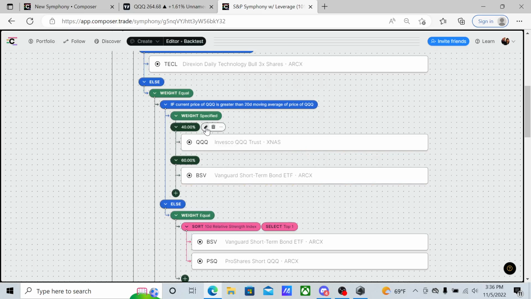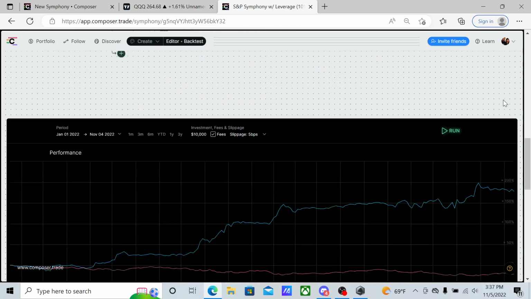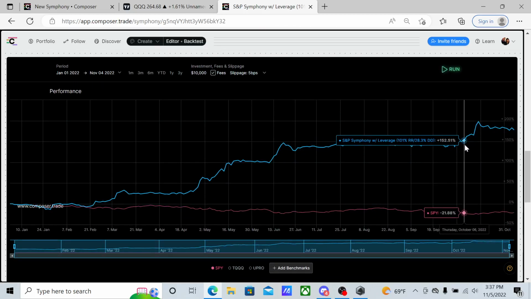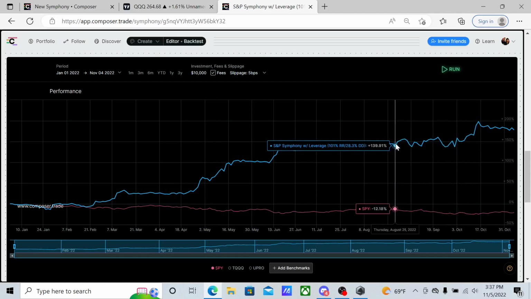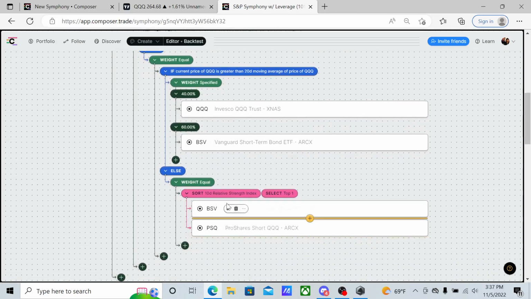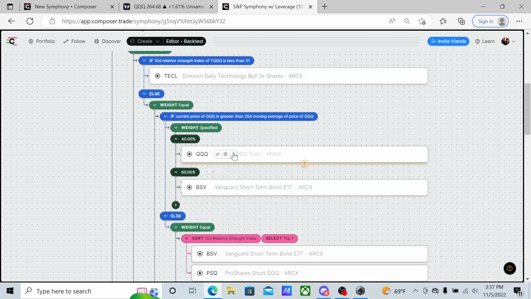Let's see, what are we at right now? Basically you could take a smaller position on the short sides or the long sides too.